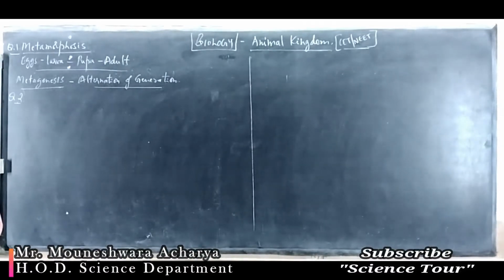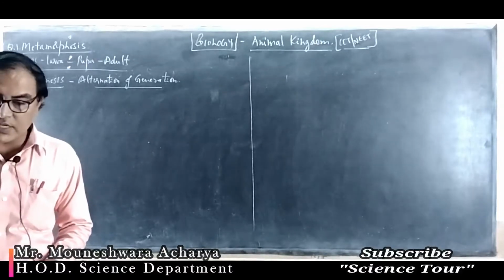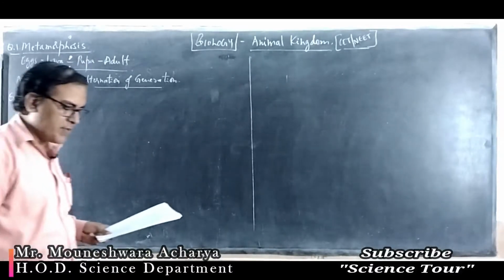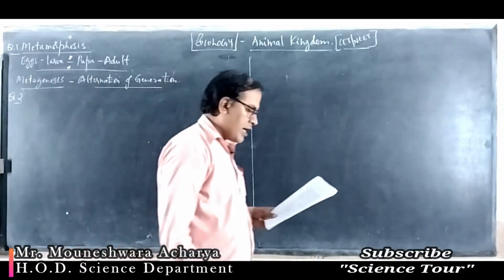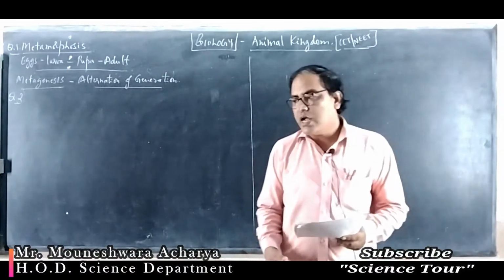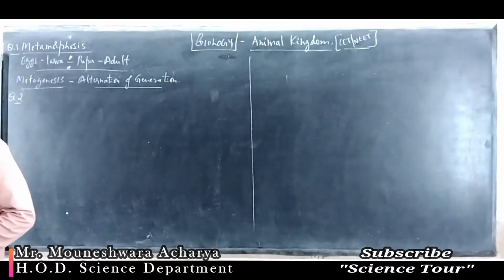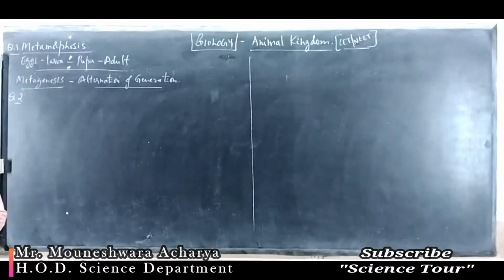I have explained with the help of the diagram, the cnidoblast, which contains the stinging capsule, that is called as nematocyst, and the cells are called as nematocytes, and those nematocytes help for defense mechanism because they produce the poison.